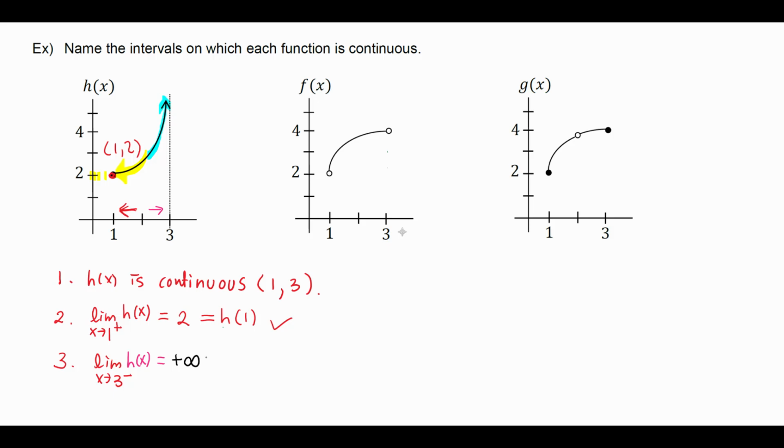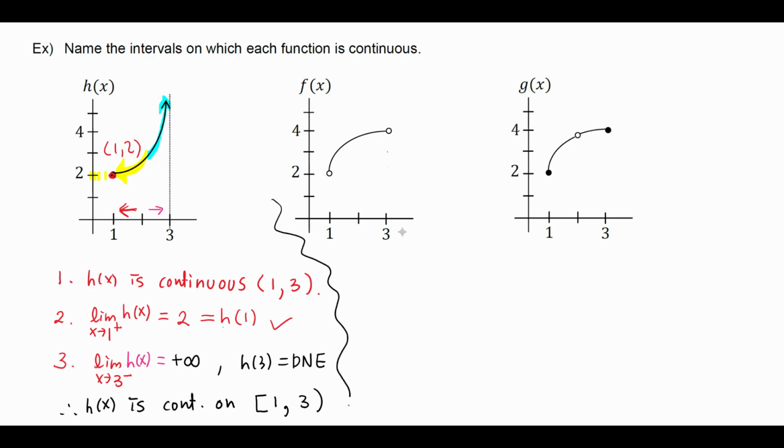And obviously, we don't even have h of 3 either. H of 3 is undefined, and h of 3 does not exist. So this function, h of x, is not continuous on the closed interval, because the starting point 1 is good. It continues from 1 through 3, but 3 itself isn't included in the points of continuity.